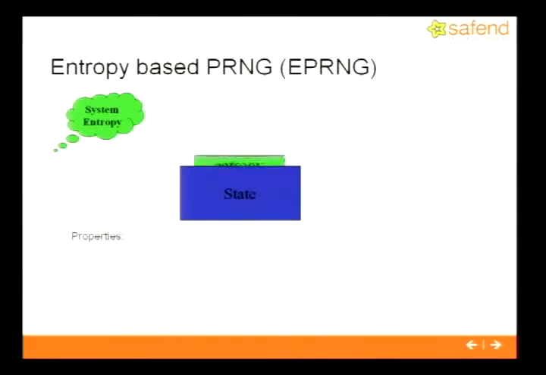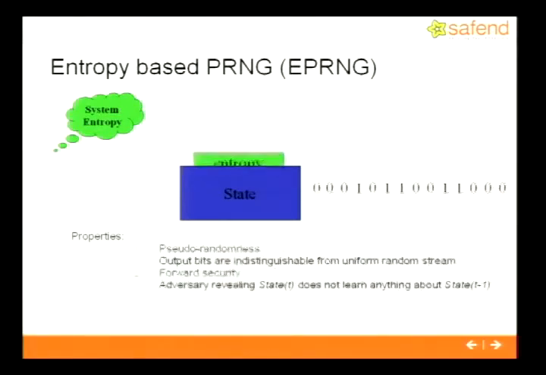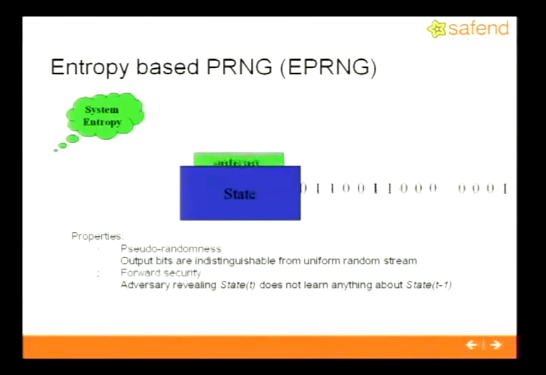And what can we achieve from this kind of security? First, we should have, of course, the two previous properties, that is the pseudo-randomness and the forward security. But in addition, we gain another property. That's the backward security.